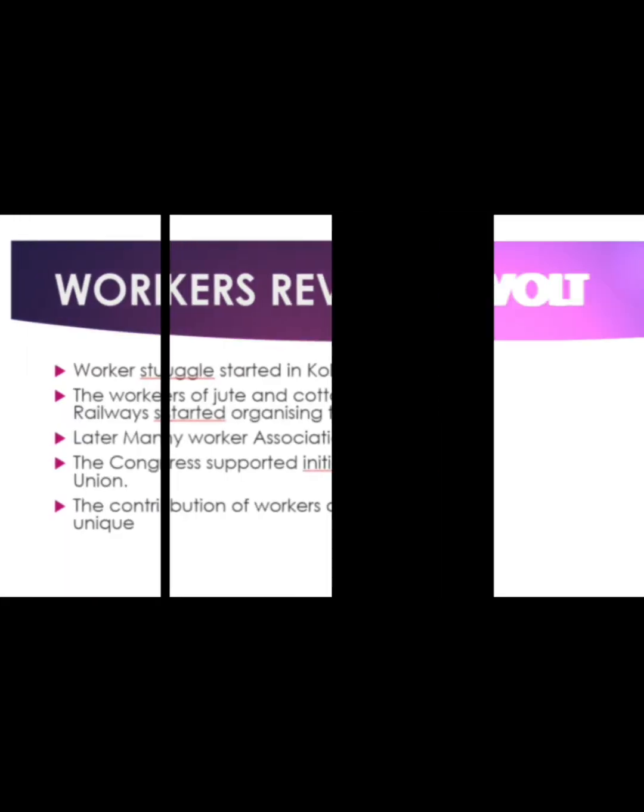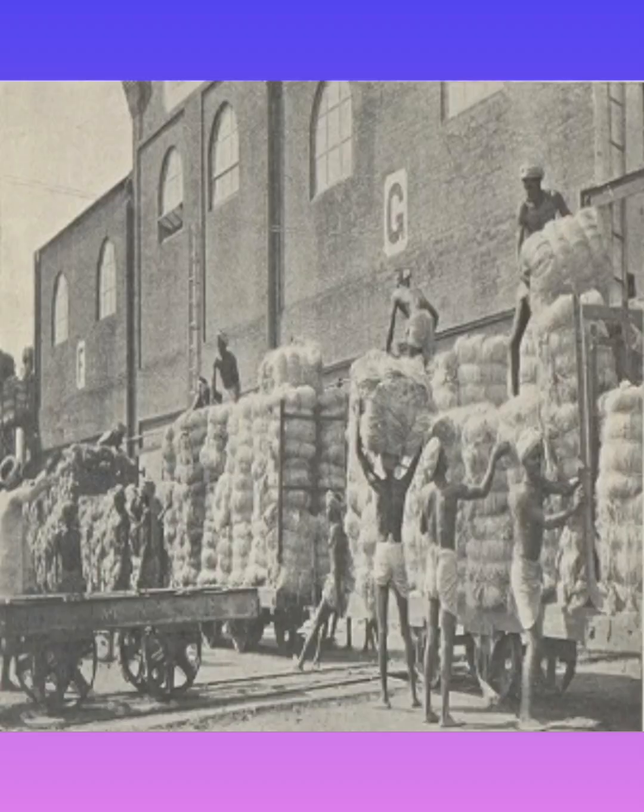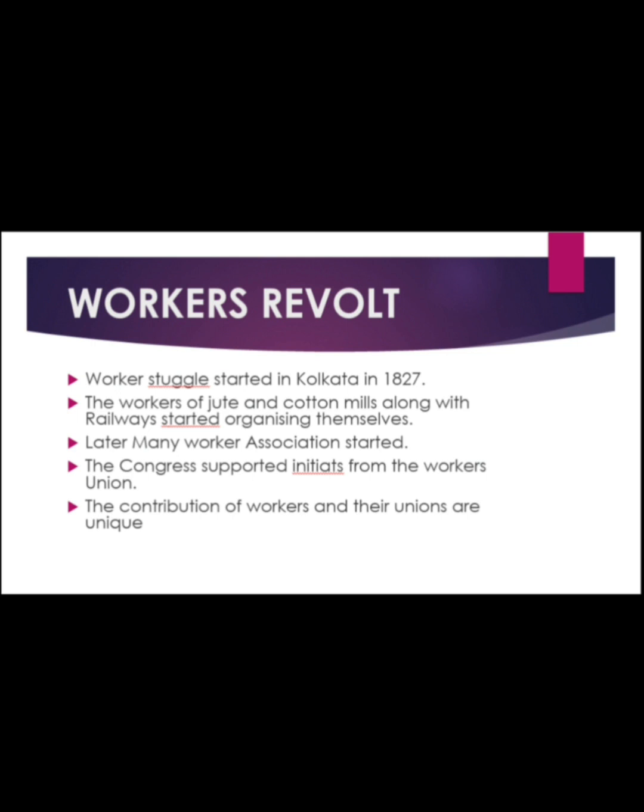Students, now let us know about the workers' revolt. The workers' struggle started in Calcutta in 1827. The workers of jute and cotton mills, along with railways, started organizing themselves. Railway workers held protests in railway stations and raised slogans against the British officers.